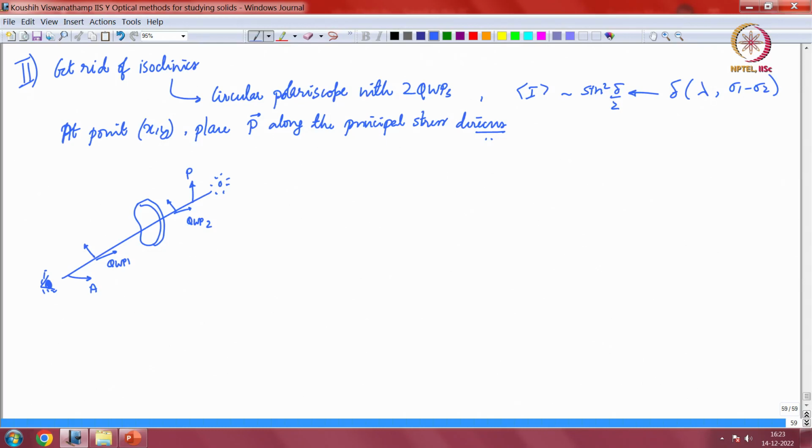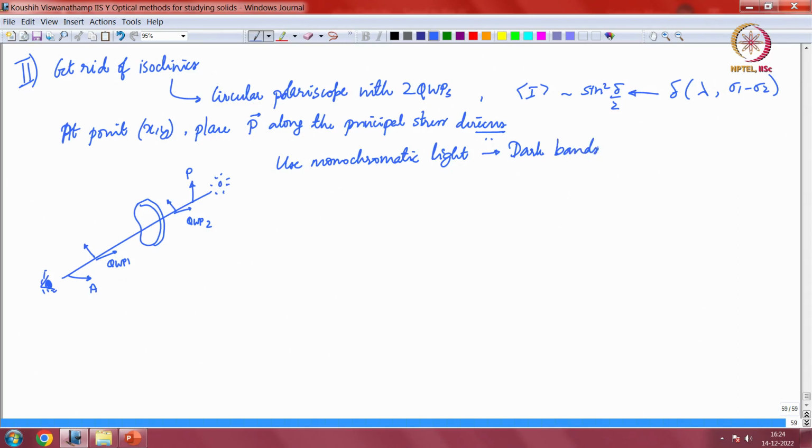Now you will still see the isochromatics, you will see the fringes, but if you now use monochromatic light, you will get dark bands. So instead of white light, now we use monochromatic light, you will get dark bands.